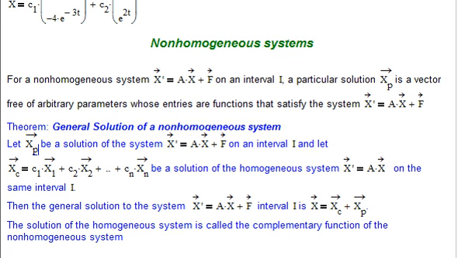So it's similar to what we did in solving non-homogeneous equations. Do you see the similarity?